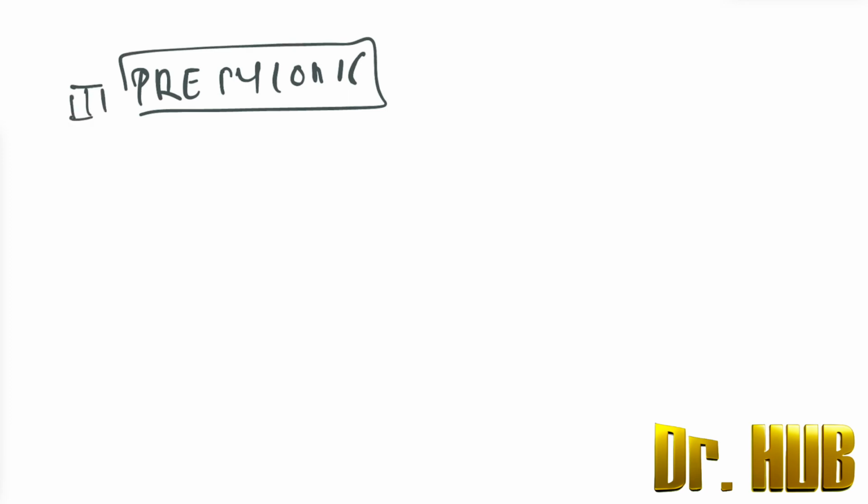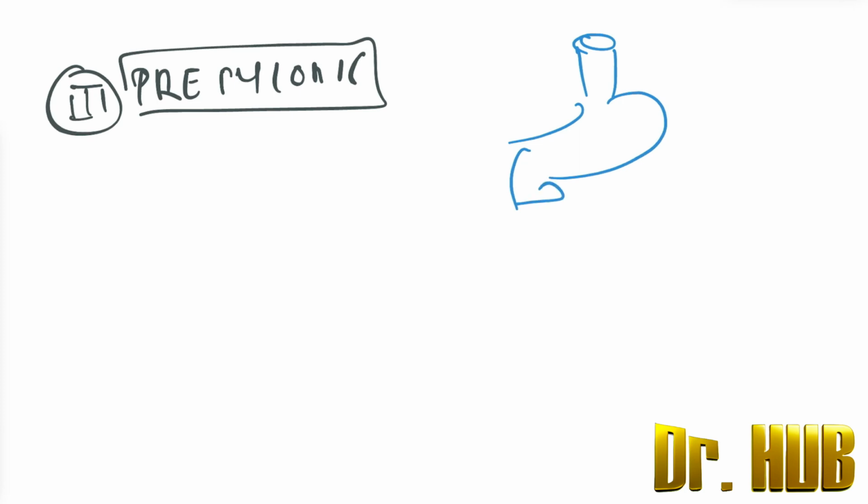Next, what we have is the pre-pyloric, which stands for the third class. If you look at the diagram, this is where it will be, that is, the pre-pyloric region.